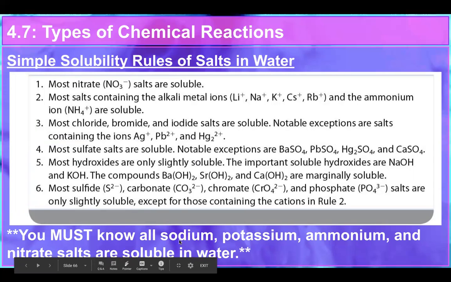So all of these salts would be soluble in water. Okay, but get to know these trends. Most chloride, bromide, and iodide salts are soluble. There are a few exceptions which will actually come into play when we try out some of these precipitation reactions. Okay, so like I said, get to know these trends.